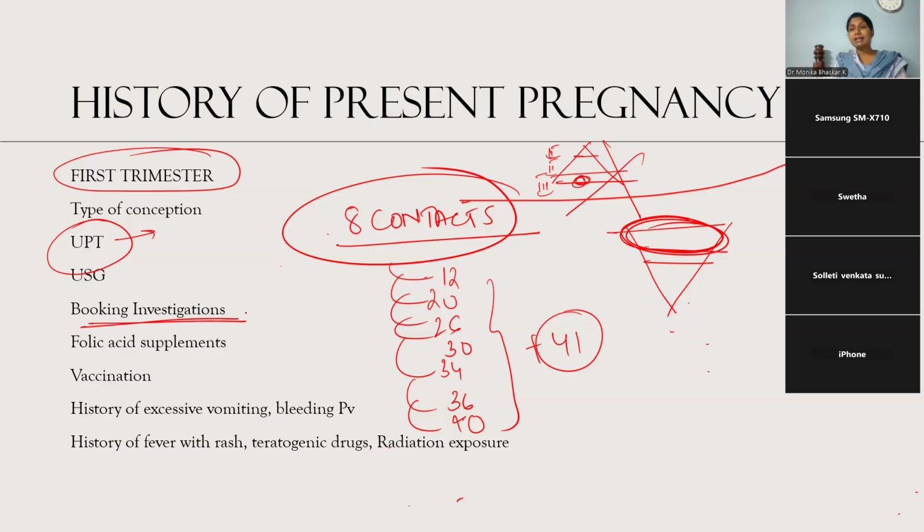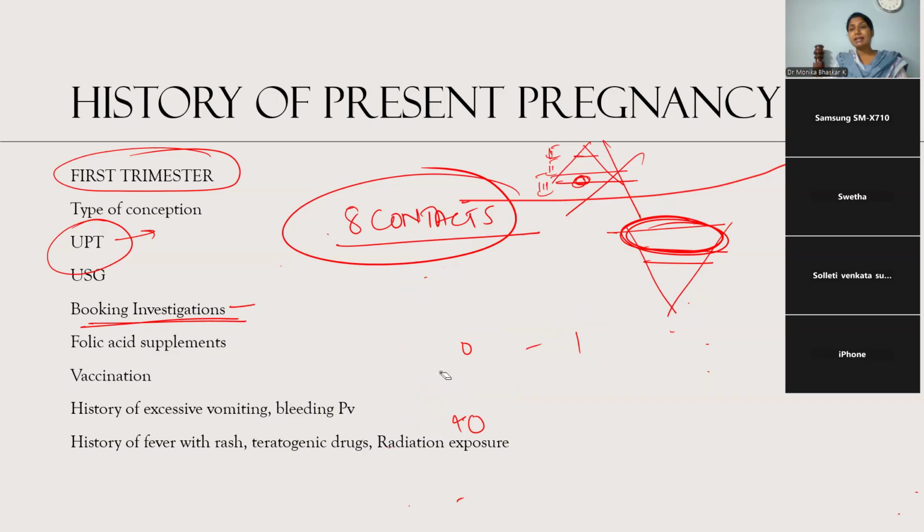What are all the booking investigations you want to do? These are the important booking investigations which you have to do. First, blood group and Rh typing. Here you will diagnose whether it is an Rh positive pregnancy or an Rh negative pregnancy. If it is an Rh negative pregnancy, we have to obviously do the husband's blood group.